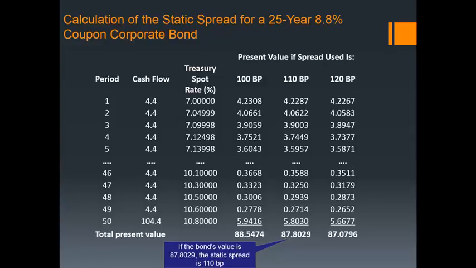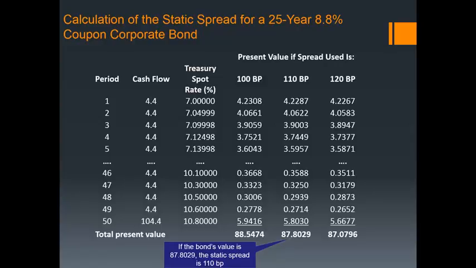We add 100 to the 7%, so we have an 8% rate. We take the 4.4 cash flow in the first period and divide it by 1 plus half of that 8%, or 1 plus 0.04. That gives us 4.2308. We repeat that for each of the cash flows and add them up. We get the present value if there's a 100 basis point static spread, and that would be 88.5474.